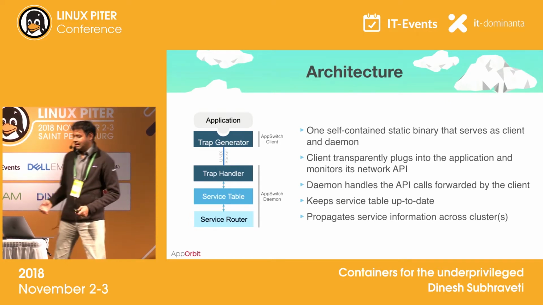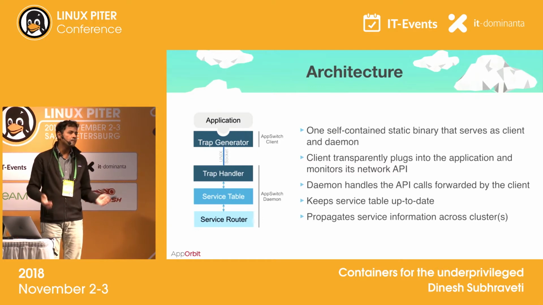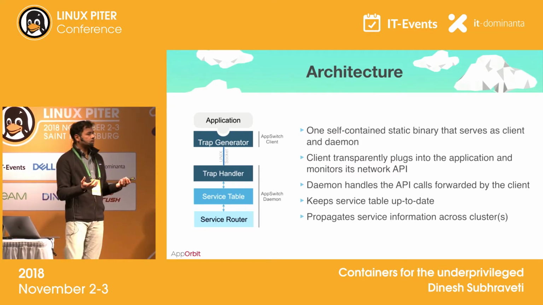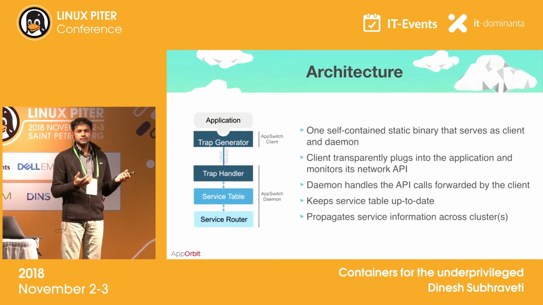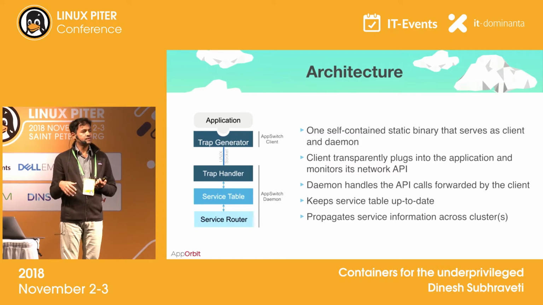Okay. Actually, this is somewhat high-level stuff, but I was hoping to talk about the details as I do the demo. So the architecture is basically two parts. There is this thing called the trap generator, which intercepts the system calls made by the application, transparently.